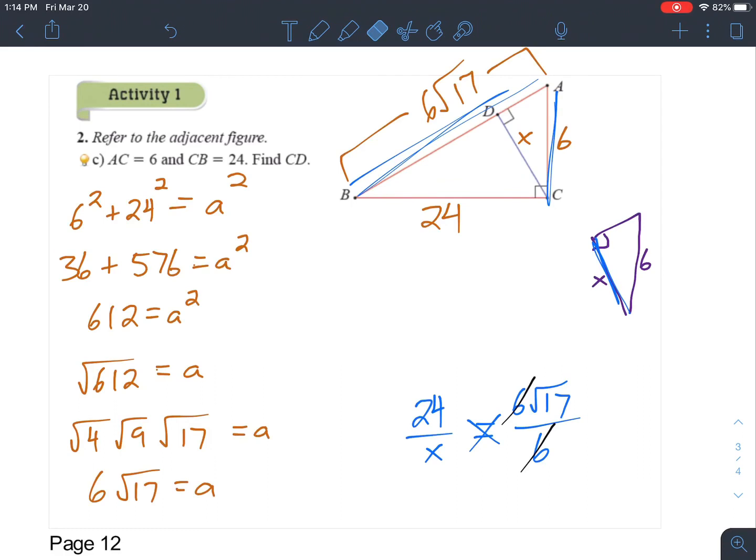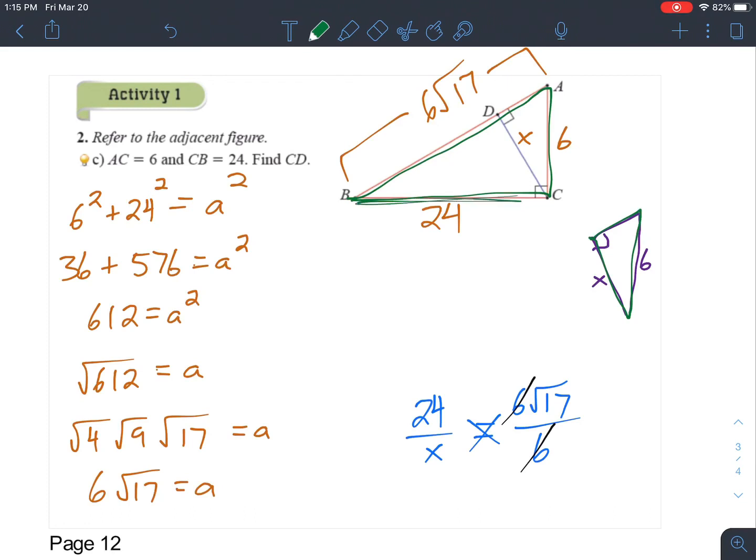What we actually did was, okay. Let me explain what I just did here so that you can see where I got everything. So I'm going to just erase those first, and I'm going to start by labeling the 24 and the x come from this big triangle here, and then the smaller triangle there.